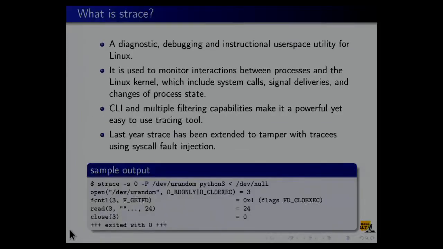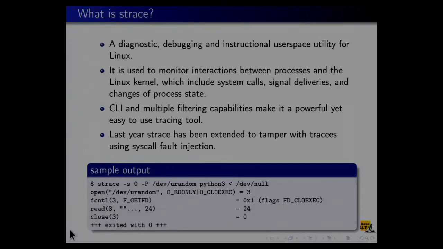As most of you know, strace is a traditional diagnostic, debugging, and instructional user space utility for Linux. How traditional? It is 25 years old, so quite traditional. Traditionally, it's used to monitor interactions between user space processes and the Linux kernel.